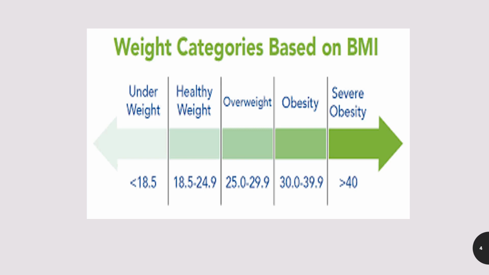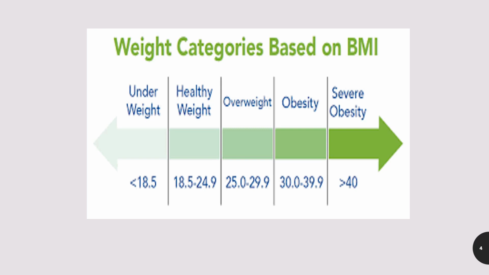A healthy weight is anywhere from 18.5 to 24.9. And you can see that we have other categories of overweight, obesity, and then severe obesity. Sad to say, many patients who come into the hospital have a BMI greater than 40. As a result, they have a bunch of comorbidities, which we're going to get into. So this is the chart we base our weight on.